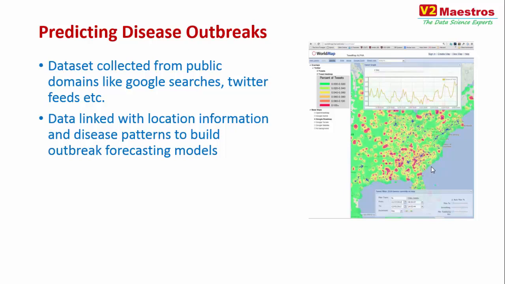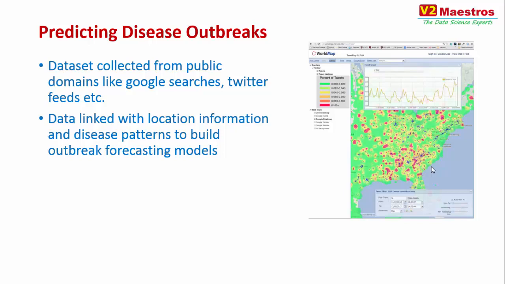So are people making these kinds of queries on a specific disease from a specific locality? They try to monitor that, and the moment you start seeing patterns of people tweeting more about a specific disease in a specific location, there is a possibility that an outbreak is happening there. This kind of information is now being used to start predicting disease outbreaks. The good thing about predicting disease outbreaks is that the government can react in a more proactive manner.